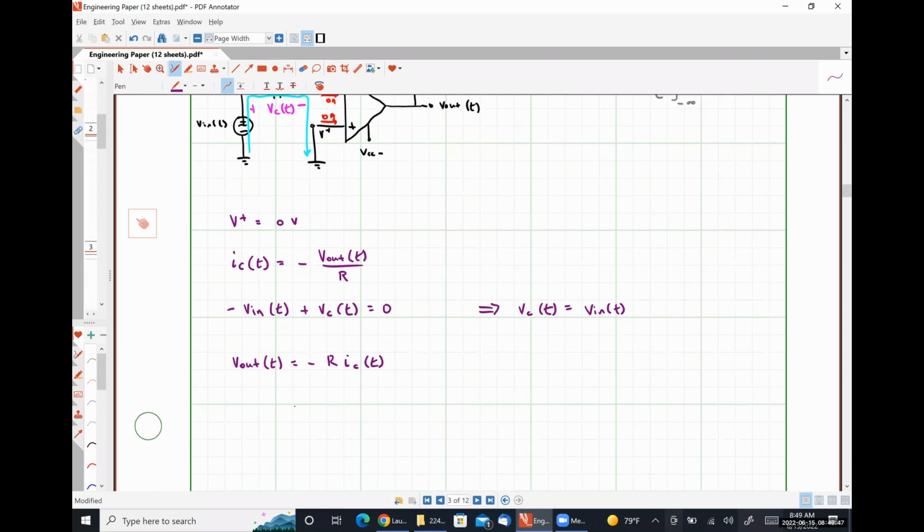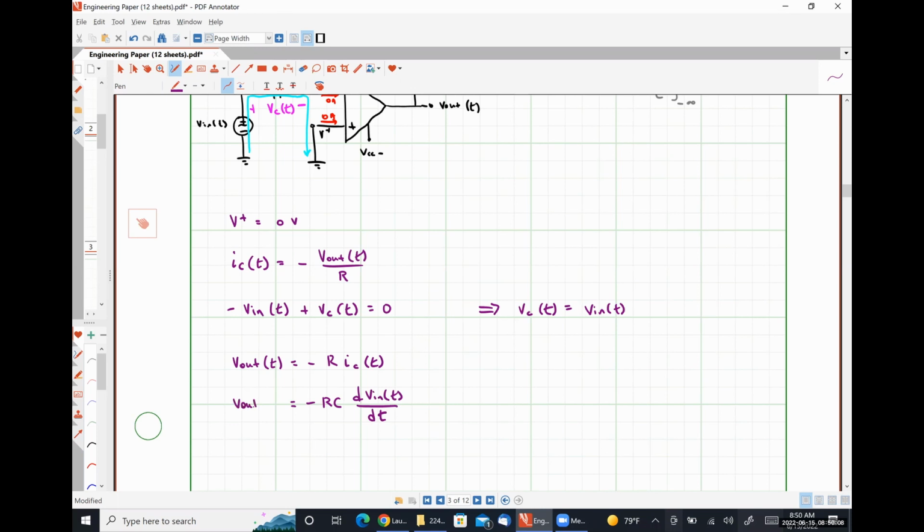So that's going to look like negative R times C times the derivative of the capacitor voltage, where we know that the capacitor voltage is simply the input voltage. So this is going to be d Vin with respect to dt.